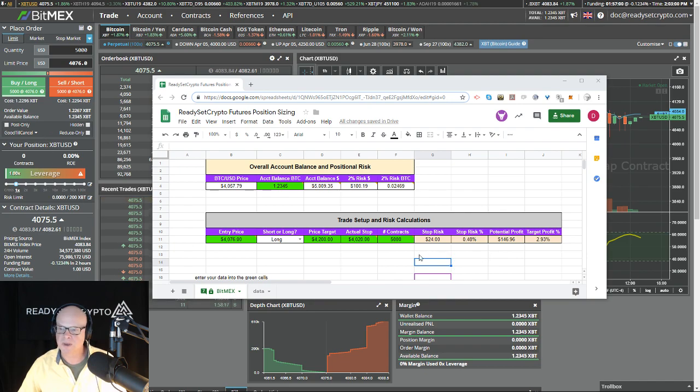And if you have lower risk on this, then great. Awesome. So in this case, the stop risk is only 0.48%, or about 0.5%. Potential profit is still great, so we have a really nice reward to risk on this trade. And it's looking good. Okay, does that make sense? Do you guys understand what the issue is here and why you need something like this?